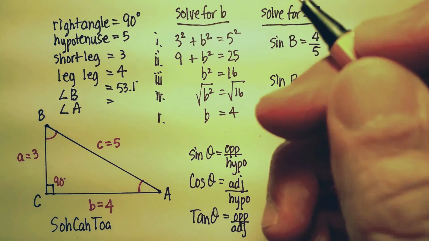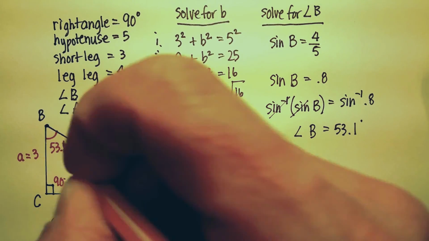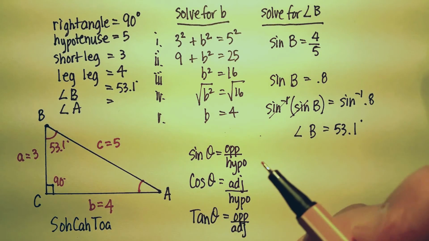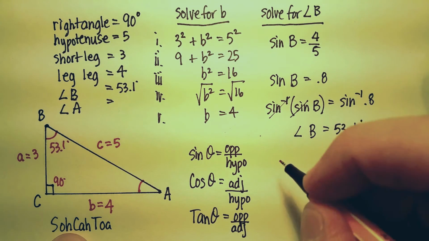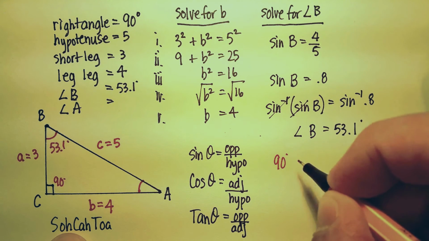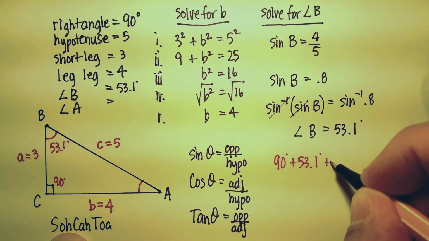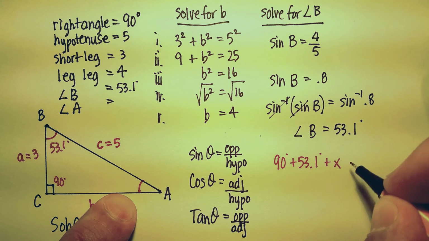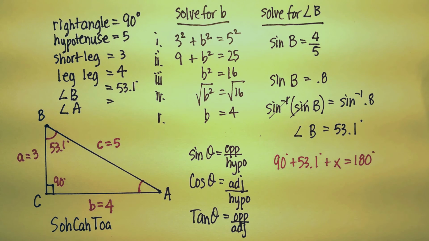I know that this is 90, and I just calculated this as 53.1. Now I should be able to find out what this one is simply by adding up 90 plus 53.1 plus my unknown, we'll just call it x, and I know that that is equal to 180 degrees.